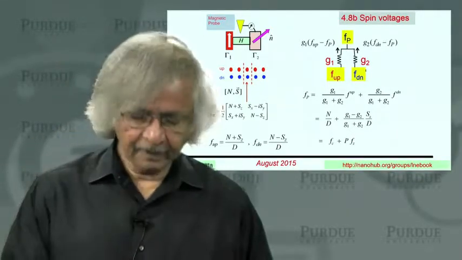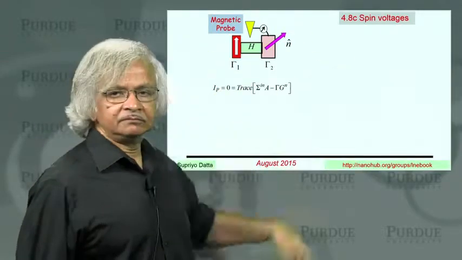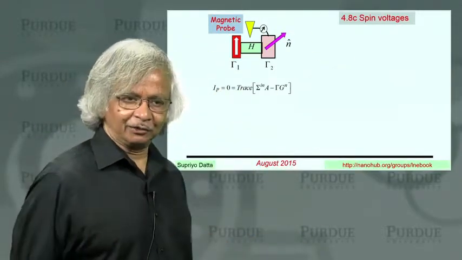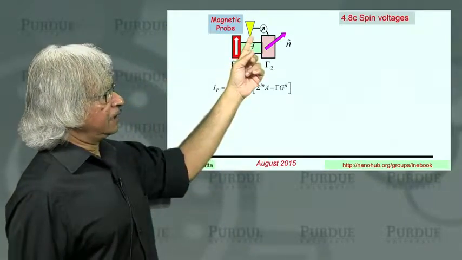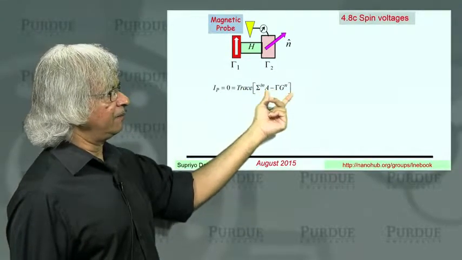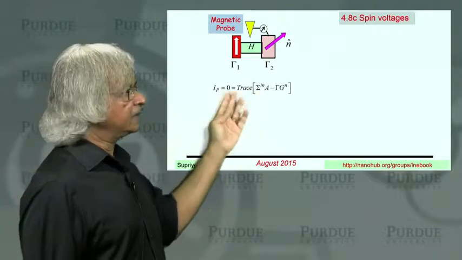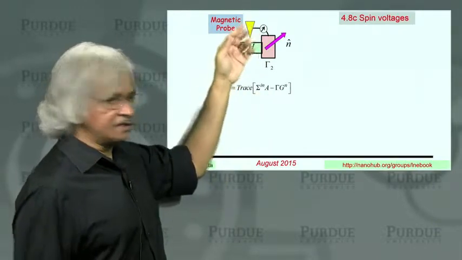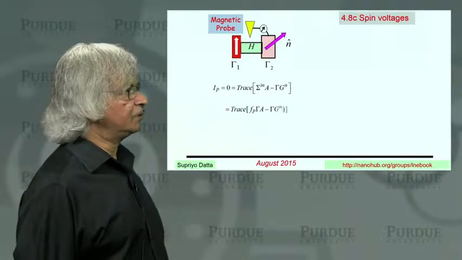difference. Okay. So now what we want to do is do this problem in the full quantum mechanical way, that is with the NEGF method. So now you would say, well, the current at this probe is given by the trace of Sigma-in A minus Gamma Gn. And since it's this high impedance probe, no current flows, so that current must be 0.